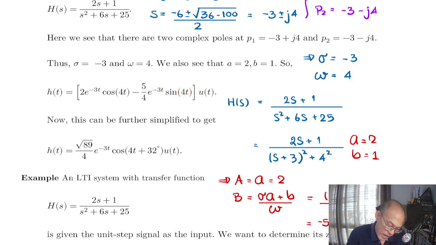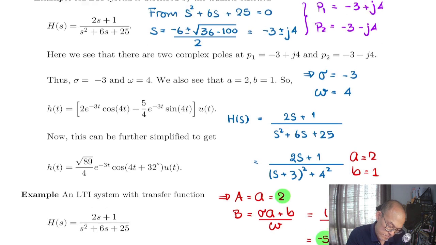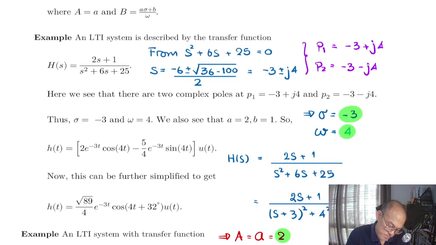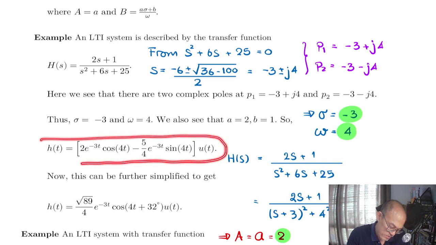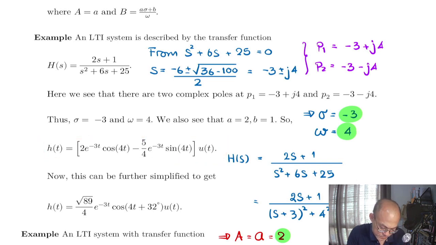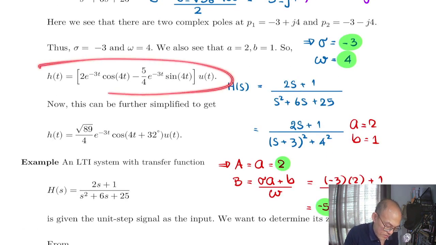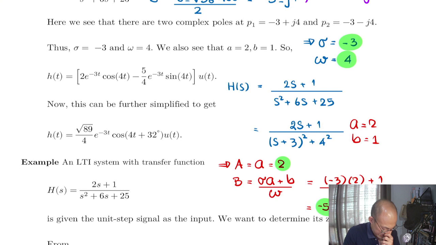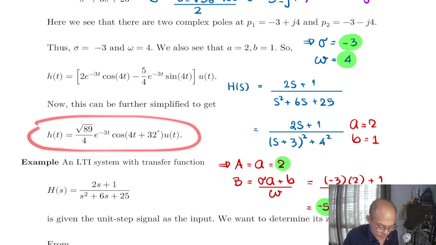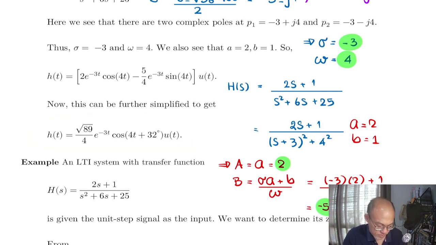So once I have these 4 guys, I can write down the inverse Laplace transform of H. Now, it turns out that from here, we can combine them into this form using phasors, okay?